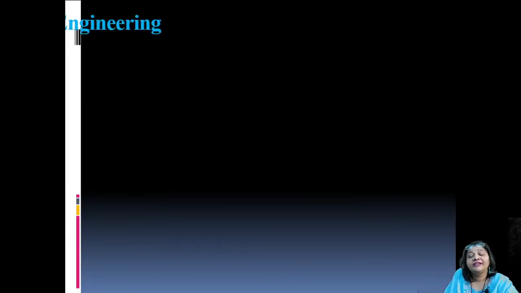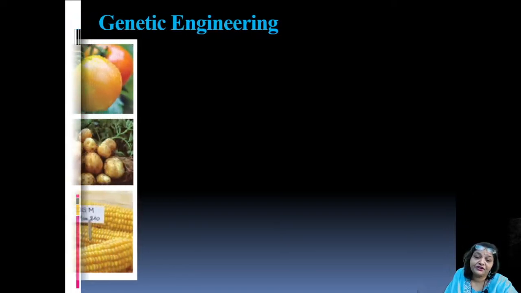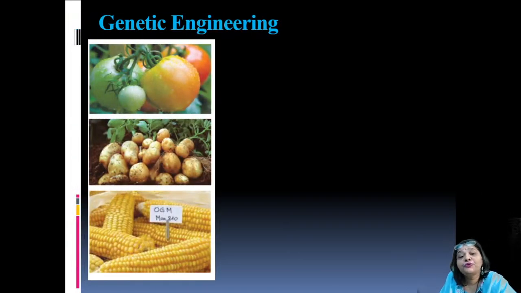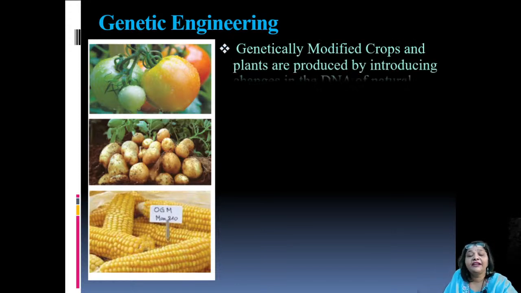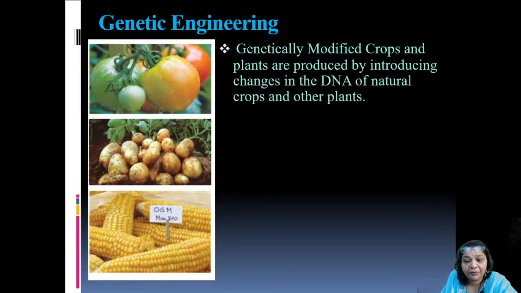So genetic engineering has paved the way to production of genetically modified crops. Here you can see the genetically modified crops and other plants which are produced by introducing changes in the DNA of natural crops and of course other plants also.